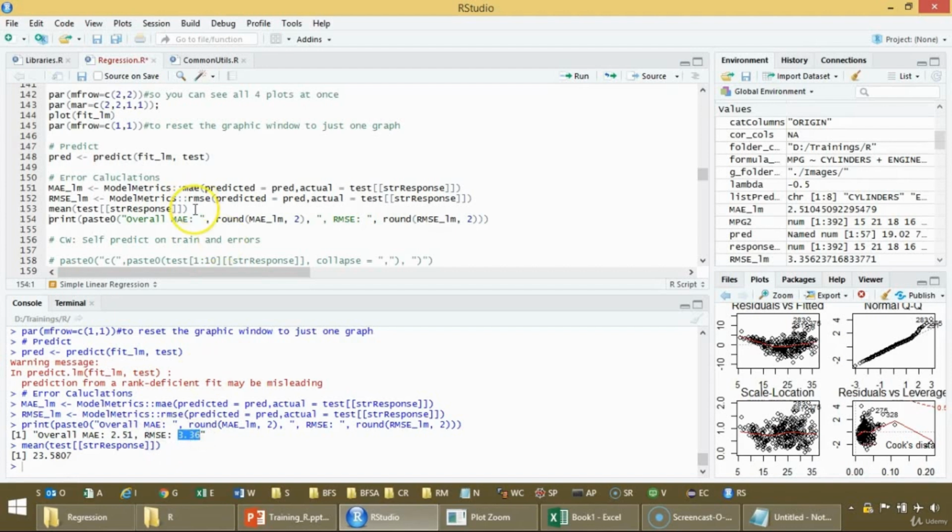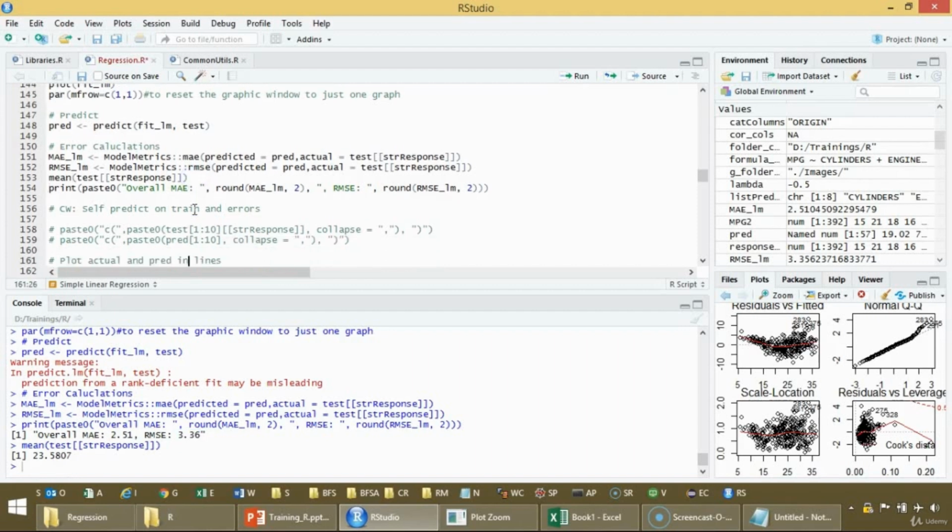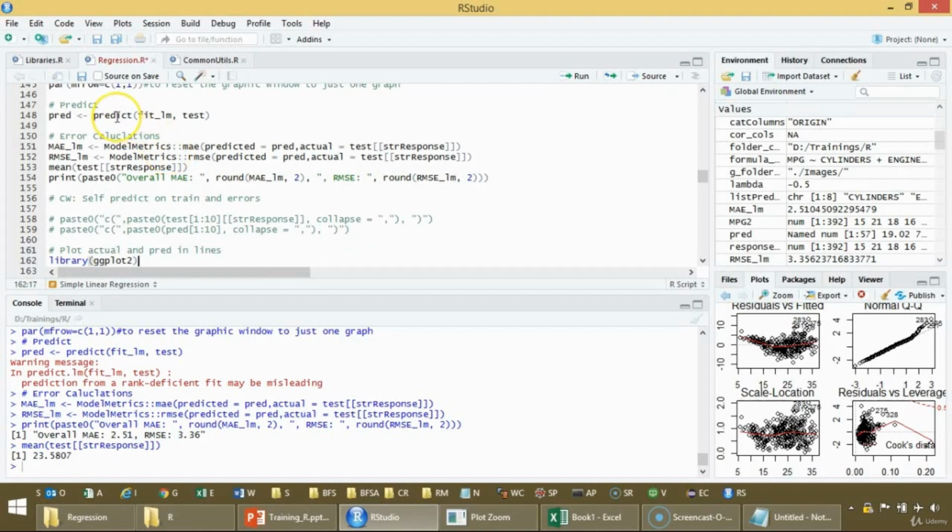Is this okay from the business point of view? If yes, then you are good to go. Else we have to improve the model. Okay. Now here we have done the prediction on the test, and similarly do the prediction on the train itself, which the model has already seen, and calculate the error, this MAE, RMSE, and also see the mean and try to interpret it.